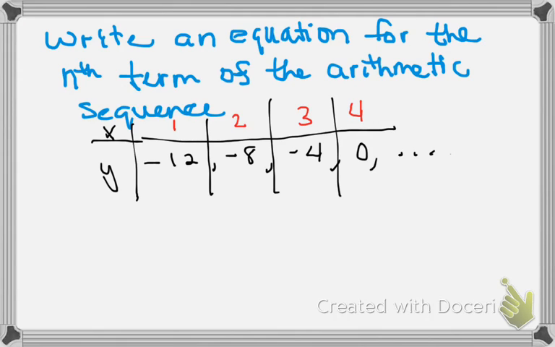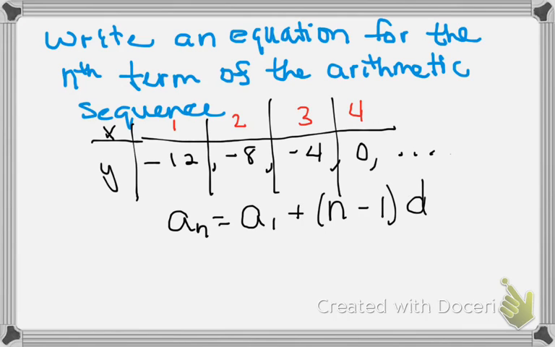Now there is a formula we can use, and it goes something like this: a sub n, the nth term, equals a sub 1, the first term, plus n minus 1 times the common difference, which we call D. So A1 is our first term, which is right here, negative 12.